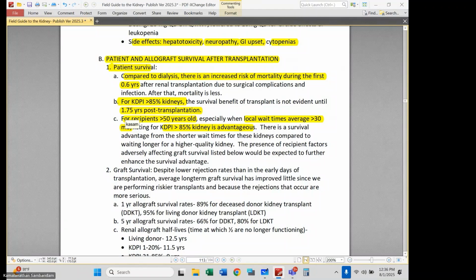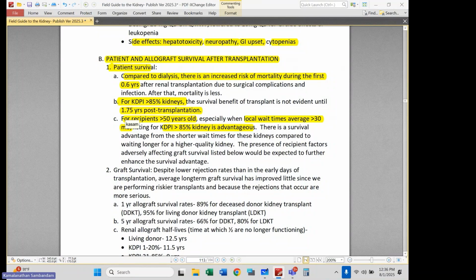Okay. There's a statistical advantage to listing for a high KDPI kidney. Why? Well, you would be on dialysis a shorter period of time, and being on dialysis a shorter period of time correlates with better survival post-transplant.